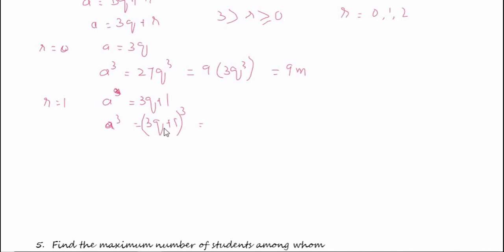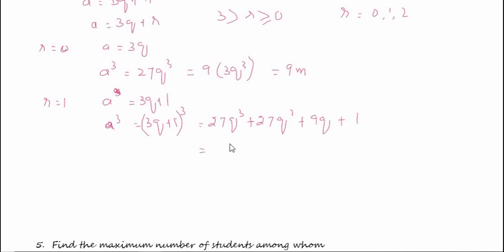So now here 3q whole cube, that is 27q cube, plus 3a square b, 3 into 9q square, so 27q square, plus 3ab square, 3 into 3, so this is 9q, plus 1.